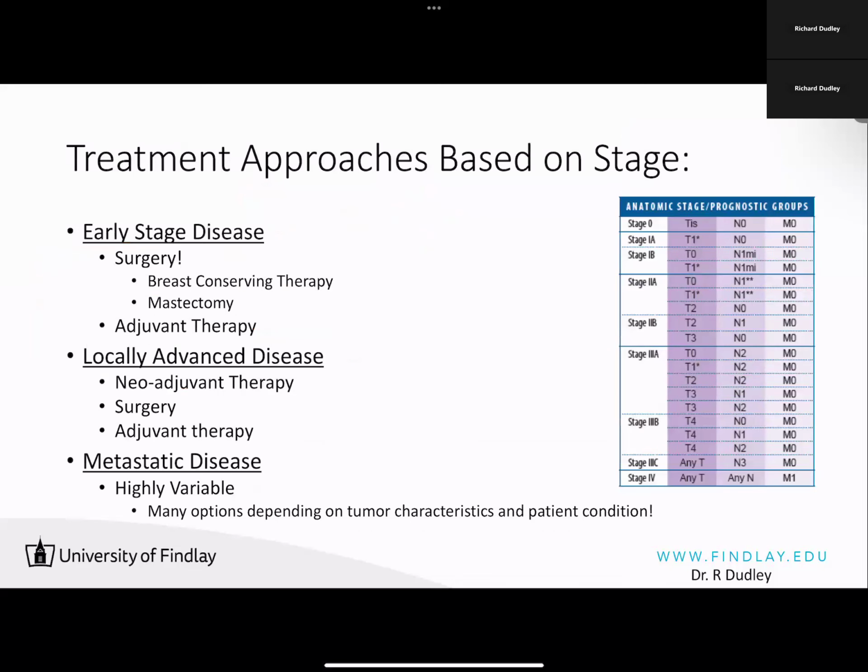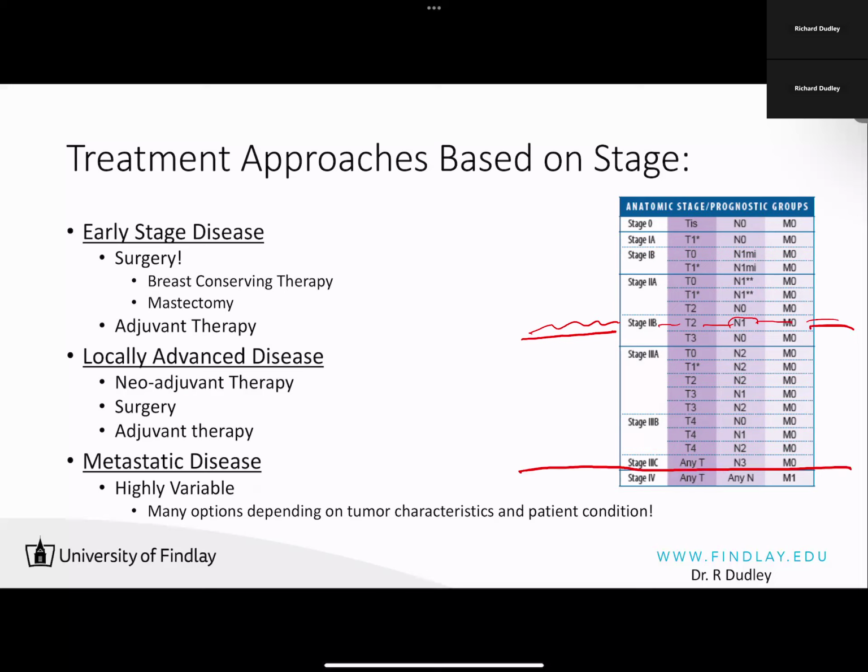So early stage disease, I sort of already mentioned that. And early stage disease is sort of, you could maybe draw a line sort of through here. Locally advanced disease is sort of here all the way down through here, and then metastatic disease.